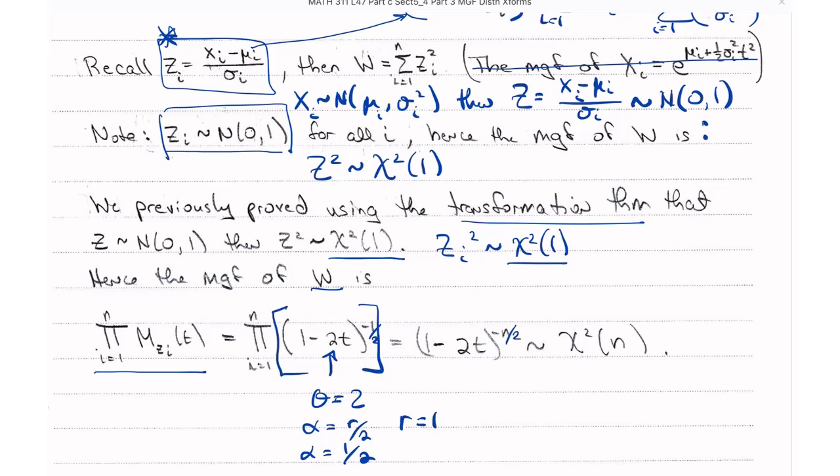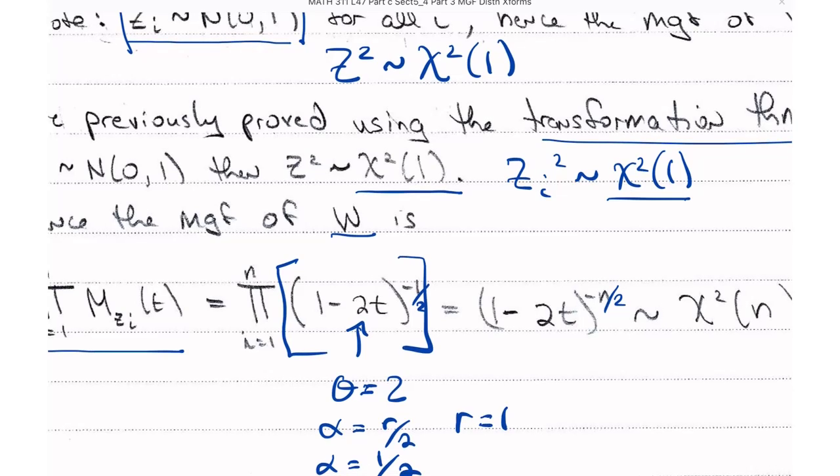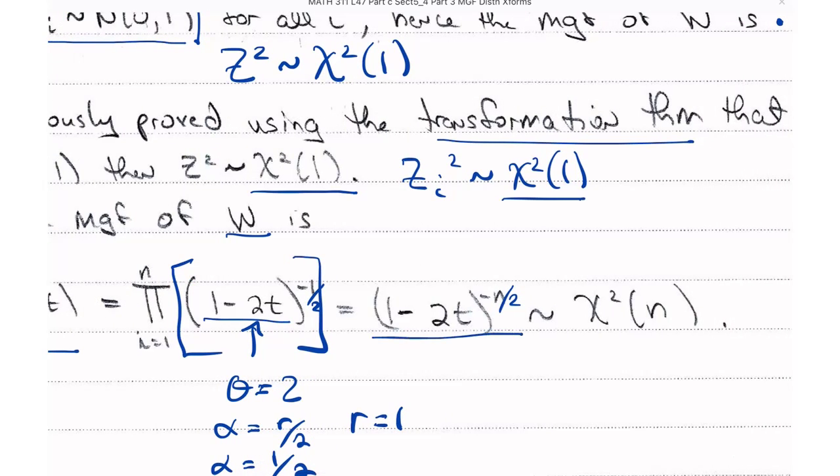And so when I take the product of all of these, the product of 1 minus 2t raised to the negative 1/2, I end up with 1 minus 2t to the negative n over 2.